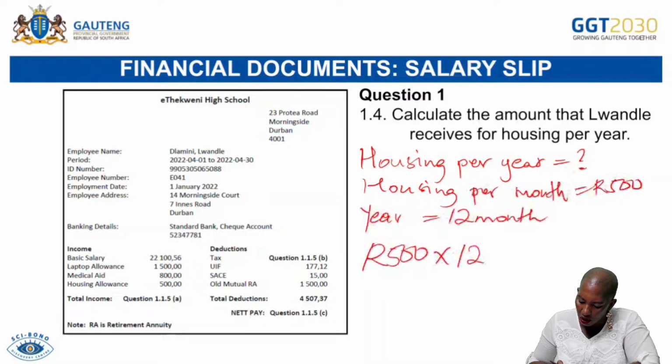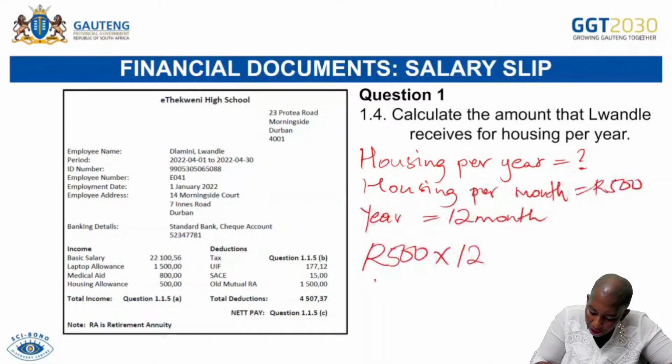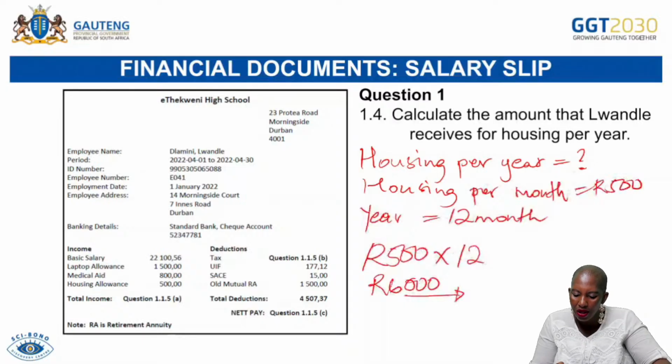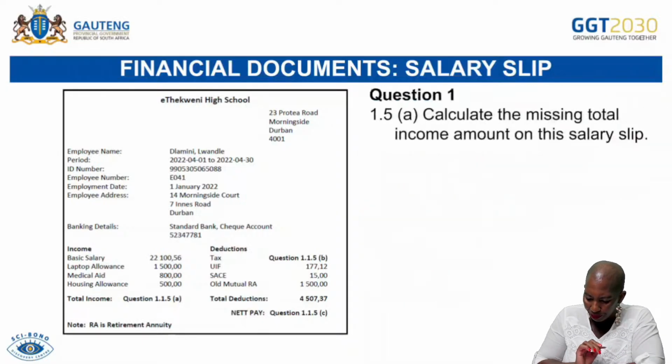Ask your teacher to help you to reset. Please don't tell me that your calculator is not working. No, you just need to reset your calculator and then you say 500, we multiply it by 12. It will give us 6,000 rand. This is what Lwandle is receiving for housing per year.